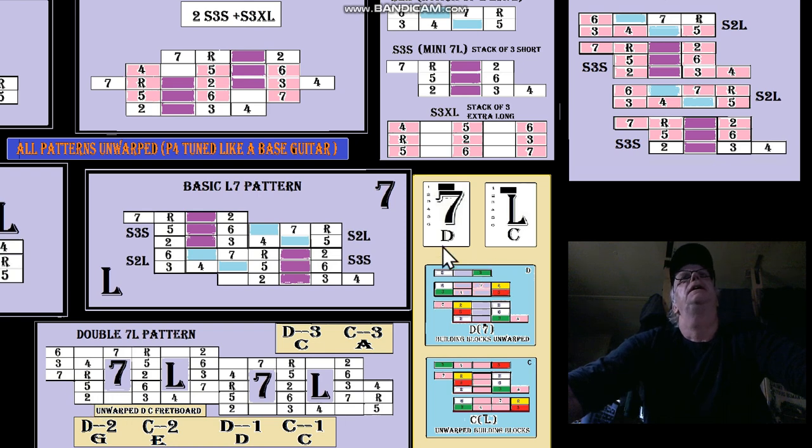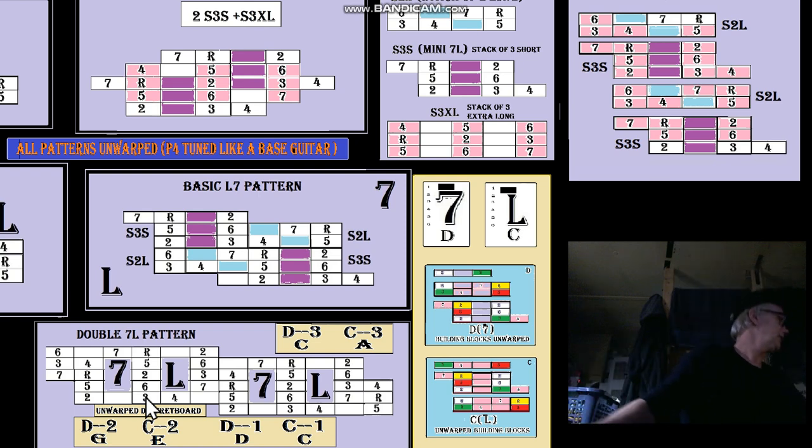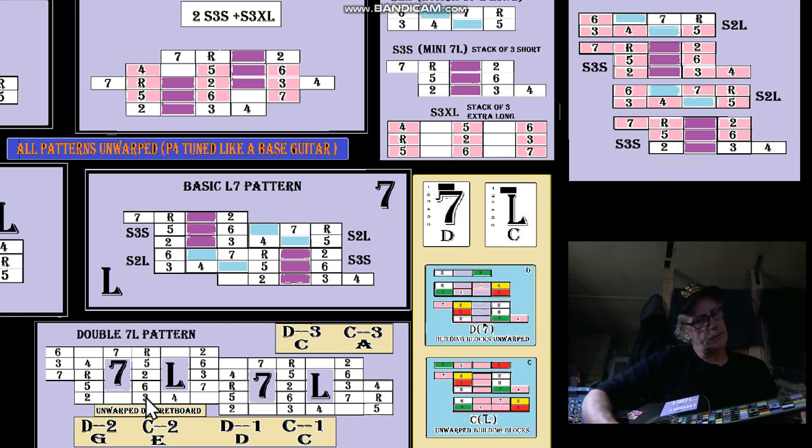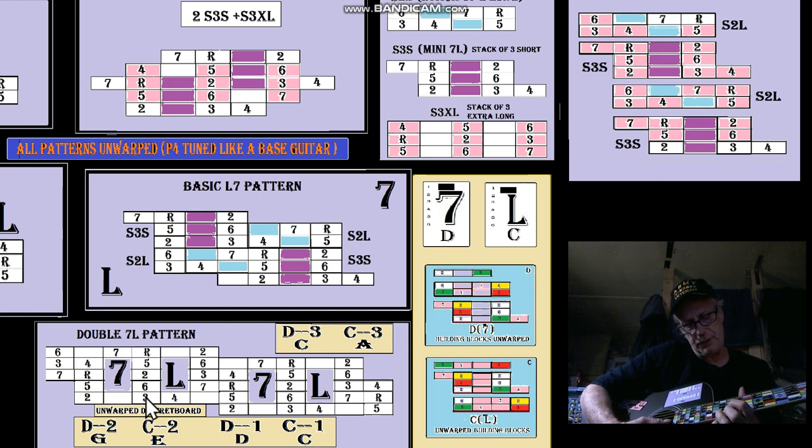Now, this is the D shape. It's a D-shaped C. It's not the D note. It's the D shape. D-shaped C. So when we're over here, D-shaped C is really way up here.